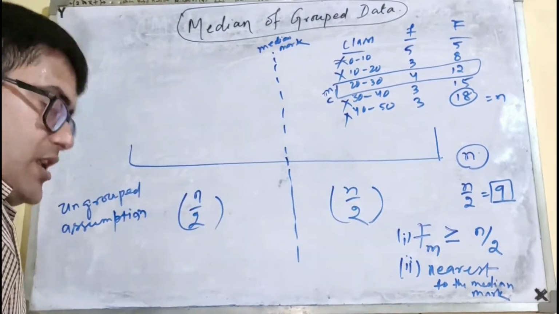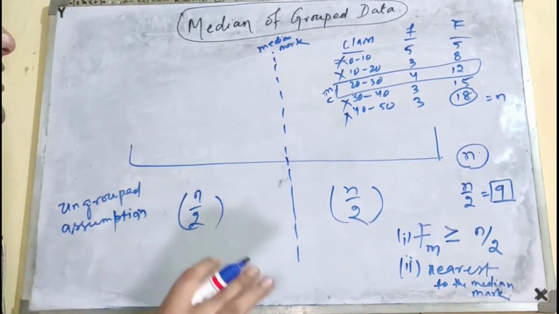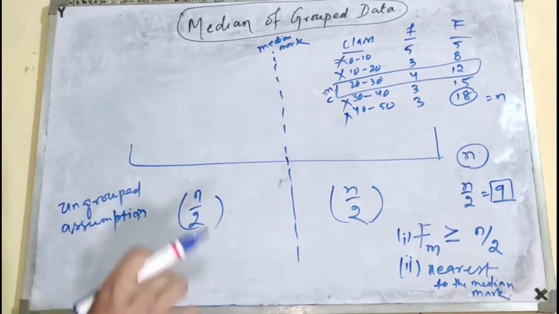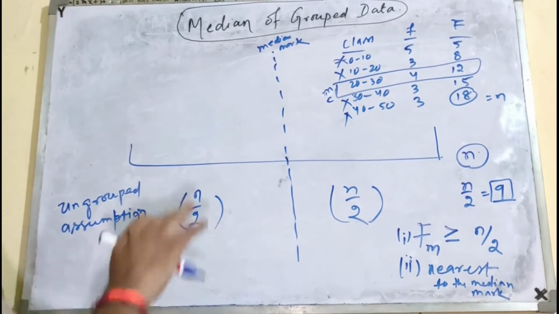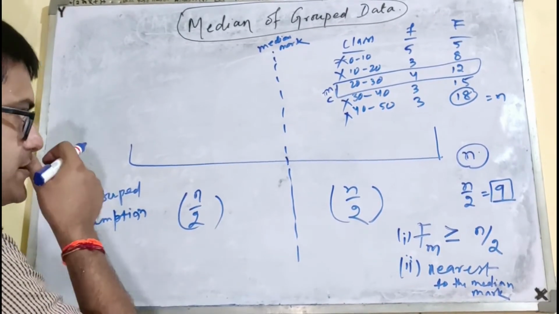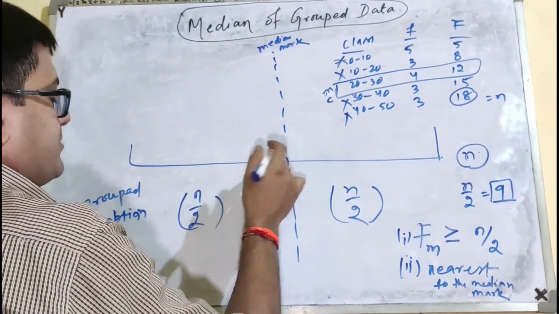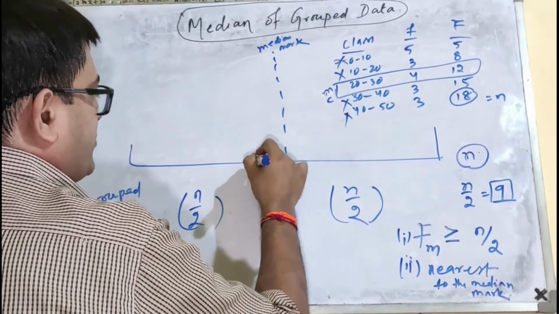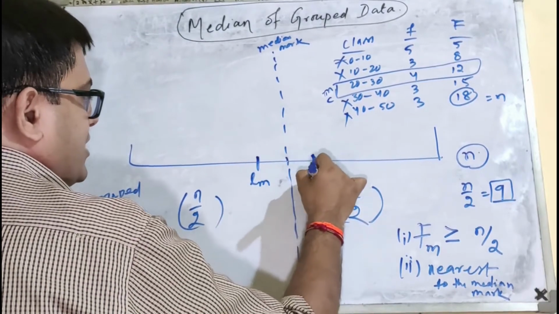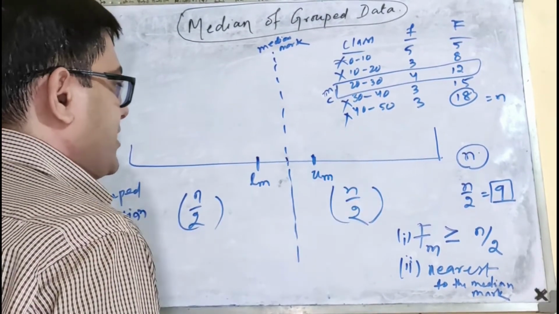Okay. Now we've understood the median class, but that is not what we want to find out. We want to find out the median mark, or the median, of this group data. So how do you find that out? Here it is. If this is the median class, this is the lower limit of the median class, and this is going to be the upper limit of the median class.